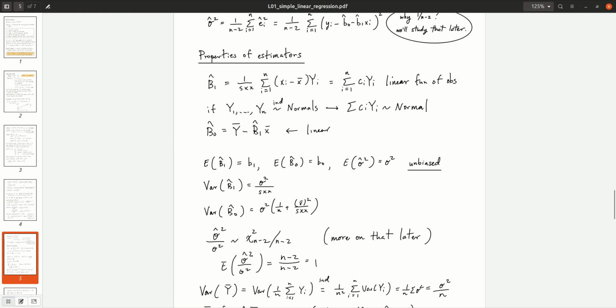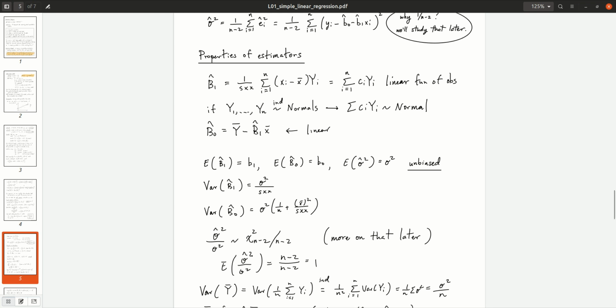So here's one formula for the estimator for B1. There's something out front, and then there's xi minus x bar times big Yi. Remember that we're plugging in the random variable version when we talk about estimators.